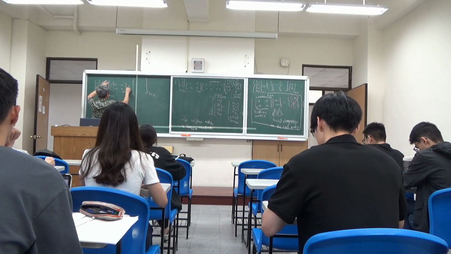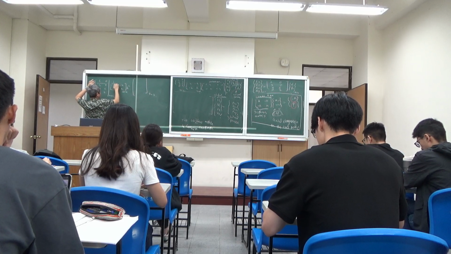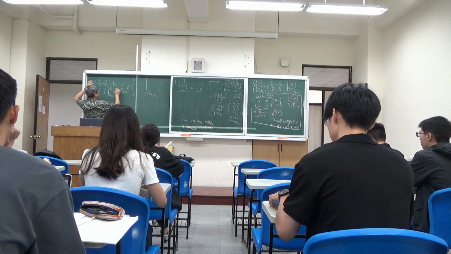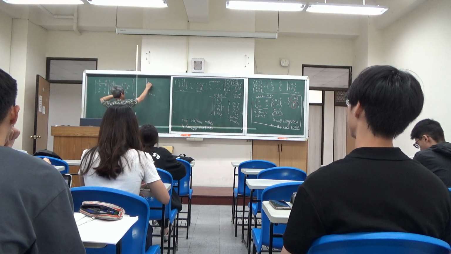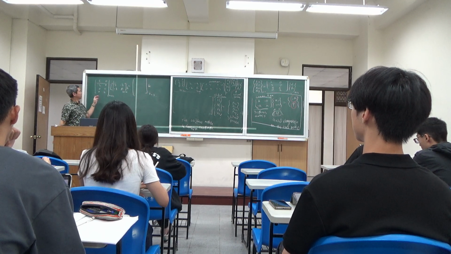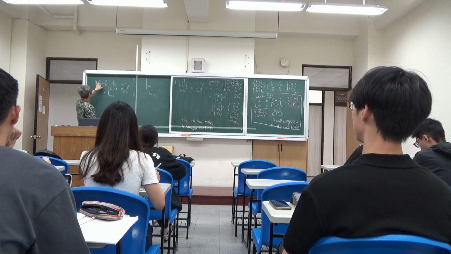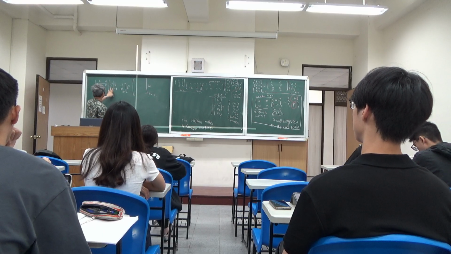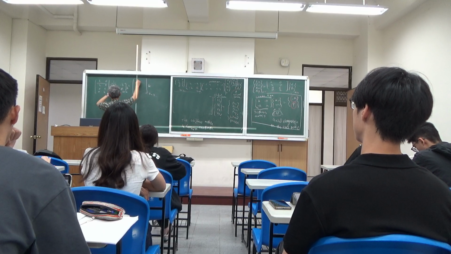So that is 1, minus 1, minus 1, 1. Okay? You have first row, first column, you have your C.